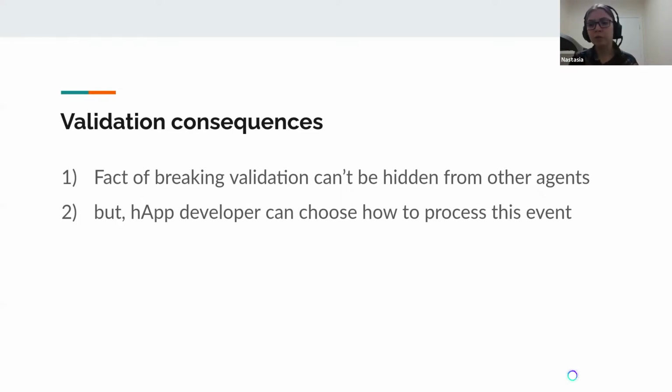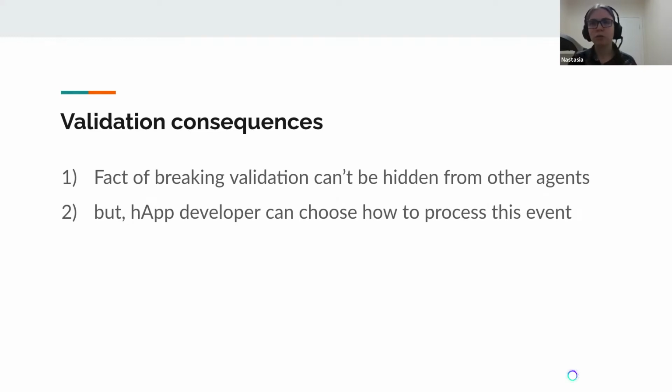But if you're worried about your users mistakenly breaking your validation rules and committing some wrong data to the DHT, and then being known by other agents as somebody who committed the wrong data, you could write additional logic in your application that would allow you to decide how to handle this event.